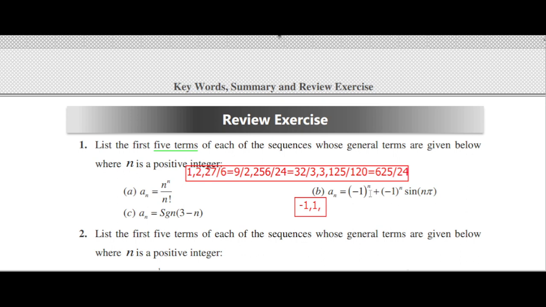The third term has sine 3 pi. Let's calculate it.